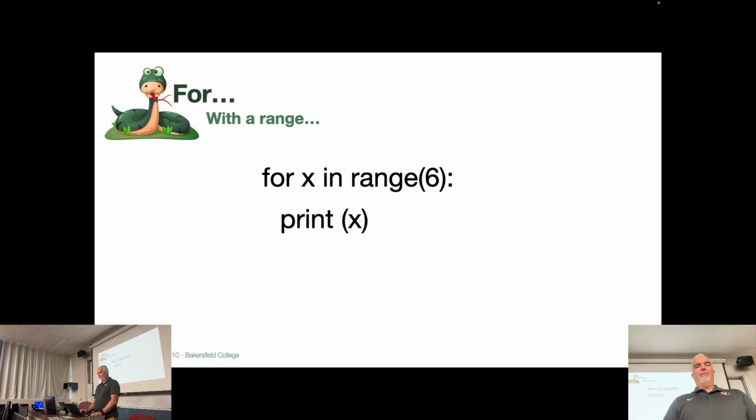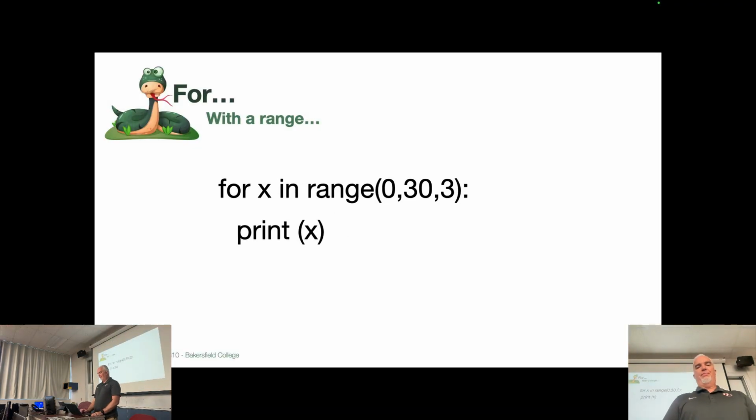One more thing that's kind of interesting. This is a little bit of a side quest, but you might use this at some point. If I give 3 arguments, okay, so we know what one argument does. If I just give range 1 argument, 1 number, it'll just go that number of times. If I give it 2 arguments, right, starts at 0, counts to 30.